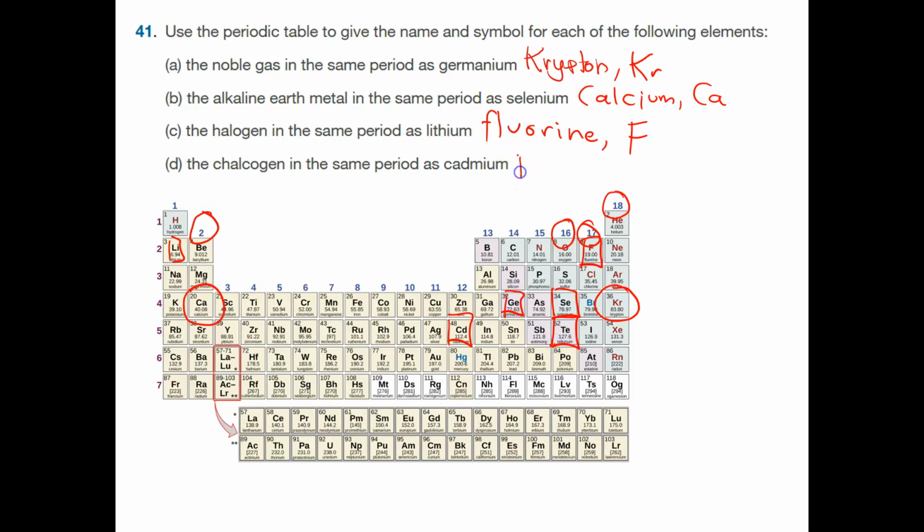So tellurium, and the symbol is Te. Don't confuse it with technetium. Okay, cool. So just take your time, and it normally works out just fine. And we got all of those correct.